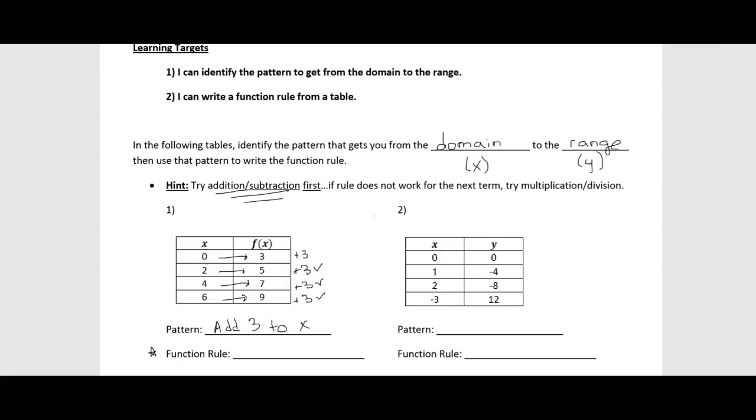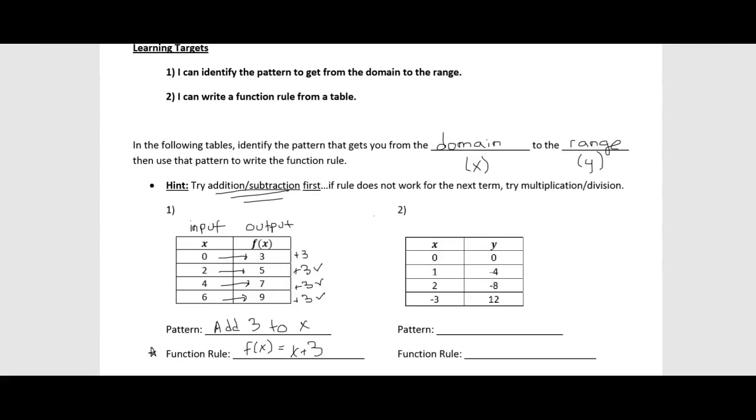This is my input, this is my output. My output, my f of x, equals, and then what are we doing with the input column? We're adding 3 to it. So my function rule is the output f of x equals the input plus 3, okay?